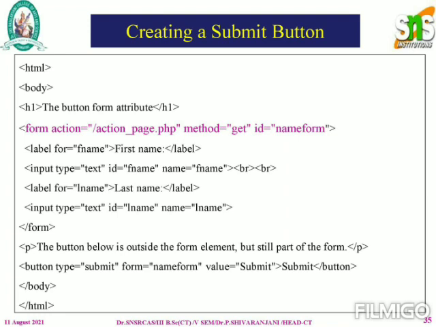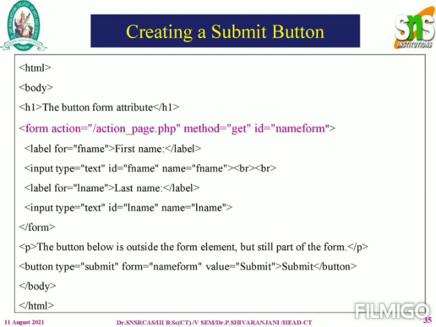And I'm just creating a label named first name, and the second is an input by the help of text. That is, you're creating a text box named F name, and another text box I have created named last name, and I'm just getting that particular input F name and last name. That is your first name and last name, and I'm just closing the form.